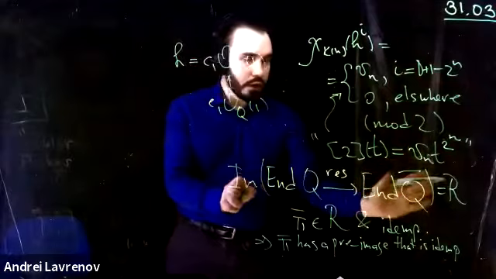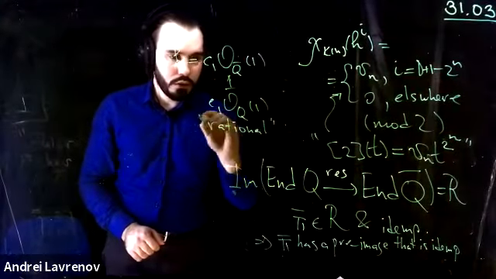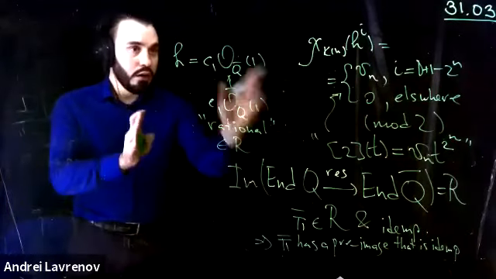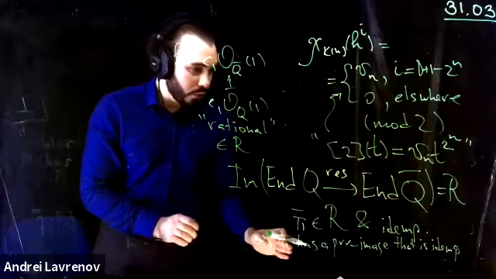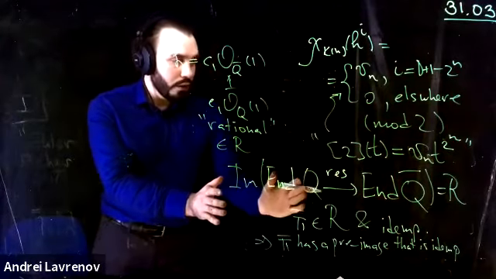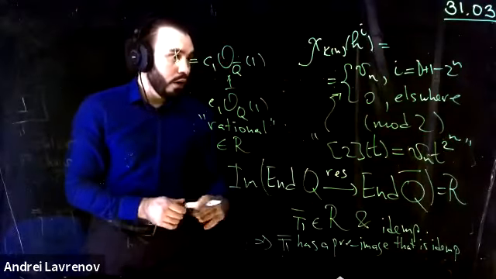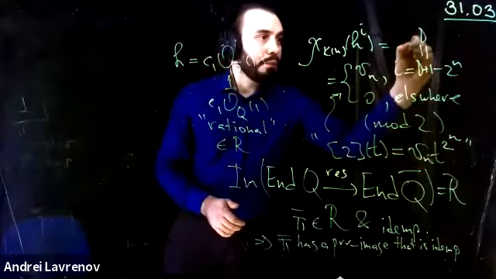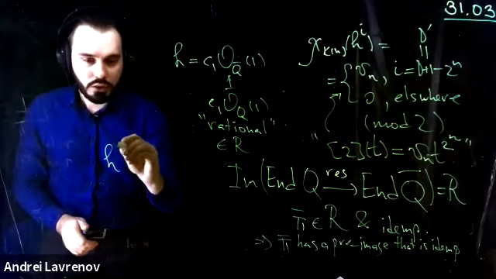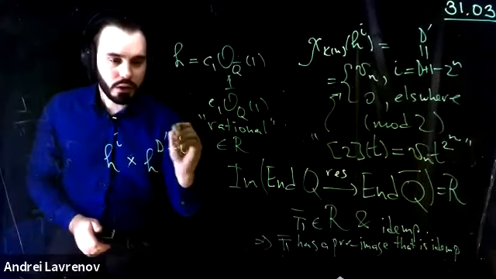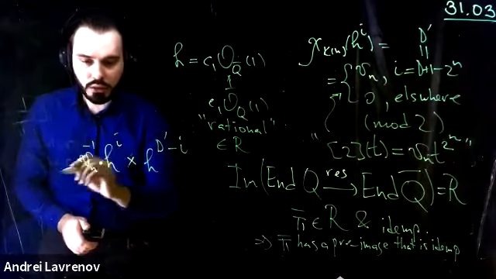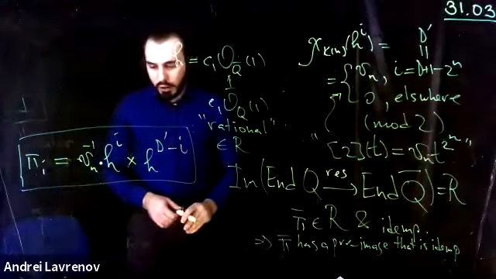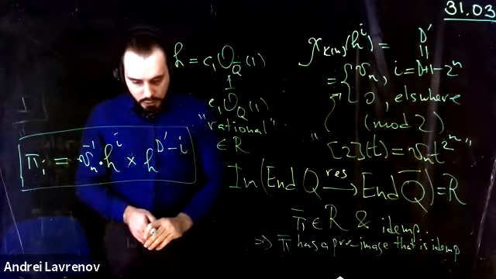By rational, I mean it lies in this image, which means it lies in R. Then if we construct some idempotents using only H, this will give us rational idempotents, and by Grothendieck's principle, some motivic summands of Q. And looking at this formula, it's not hard to see that, letting this be d', if we consider H^i times H^(d'-i), and here V_n minus 1, then this is a system of orthogonal projectors, and we have exactly as many as we want.